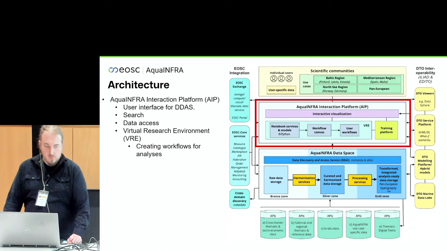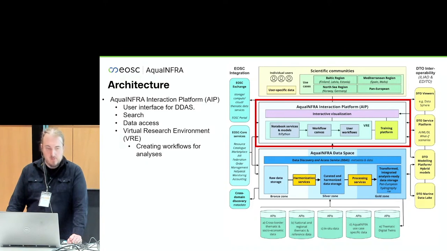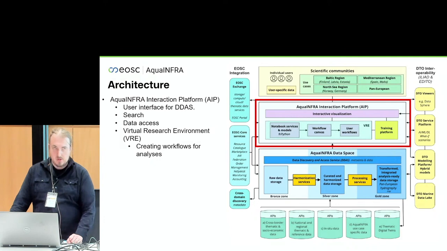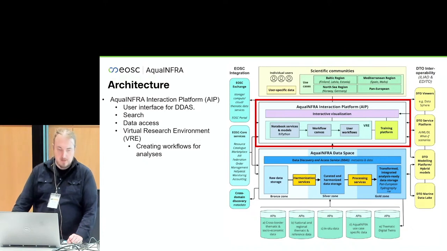And then if we go forward in the architecture picture, on top of the DDAS service, there is an AquaInfra interaction platform that provides a user interface for the DDAS services. So there is a search functionality and data access, but there is also a virtual research environment, and that contains functionality, for example, for creating workflows for different kinds of data analysis.